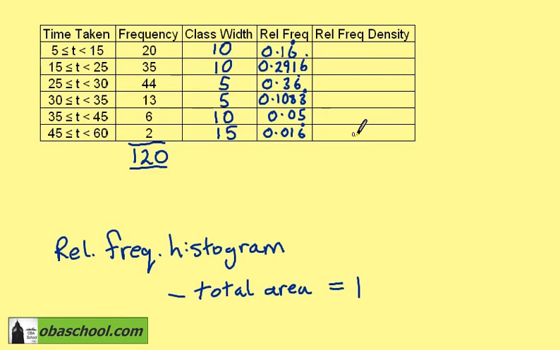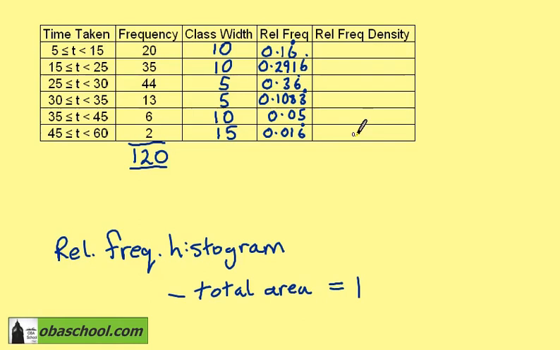The relative frequency column must add to 1. To understand this, it might be better to think in fractions for a moment. The first class is 20 divided by 120, or 20 over 120.